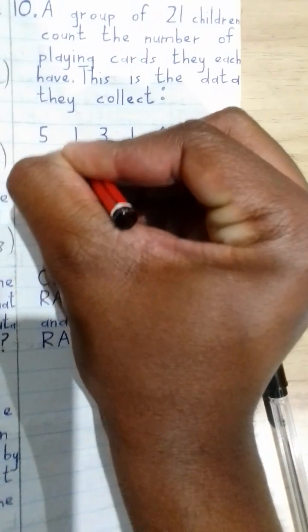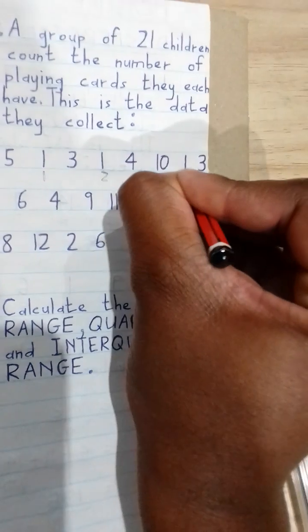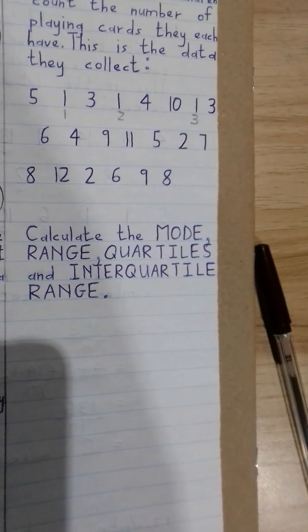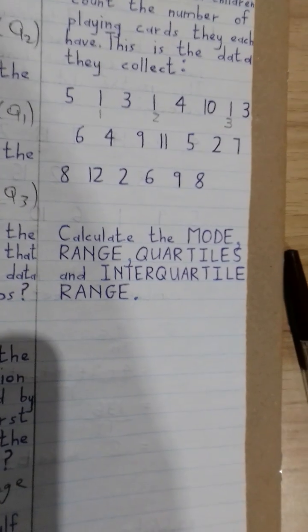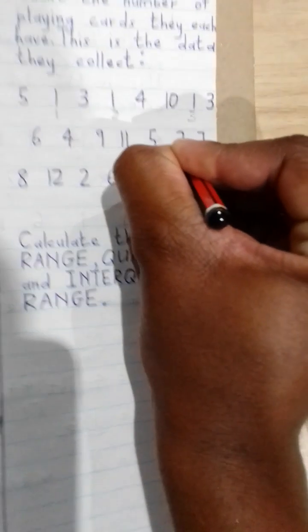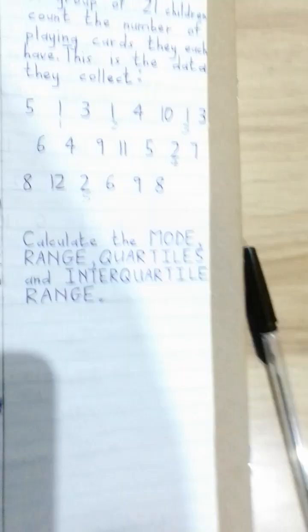The lowest are the ones. So we have 1, 2, 3. Are there any other ones? No, there aren't. Twos, it's this one, that one.